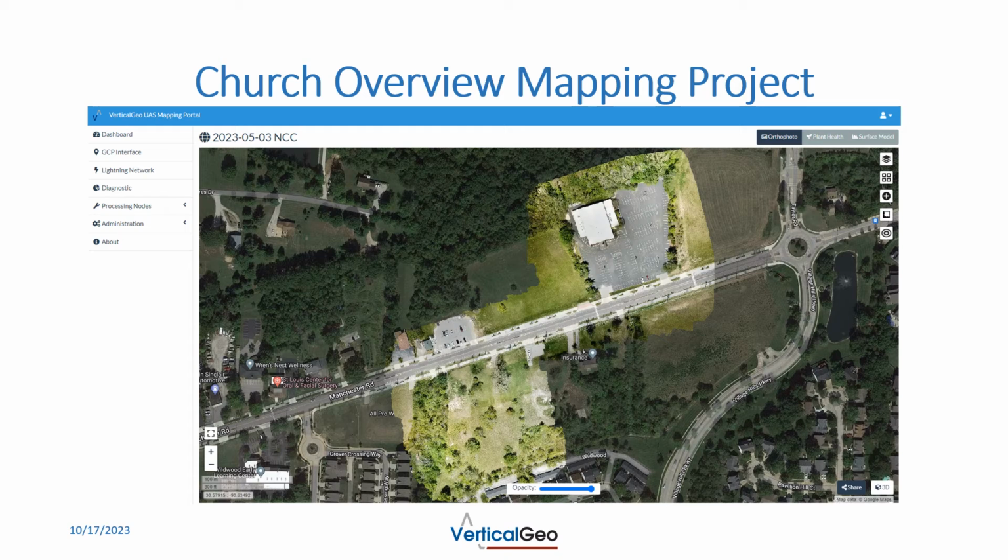Okay, going up the screen, right above the zoom in and zoom out buttons is a full screen button. All the way at the top of the image, you see the name of the image, 2023-05-03 NCC. And just above and to the left of that is the name of our system. We call it our Vertical Geo UAS Mapping Portal.